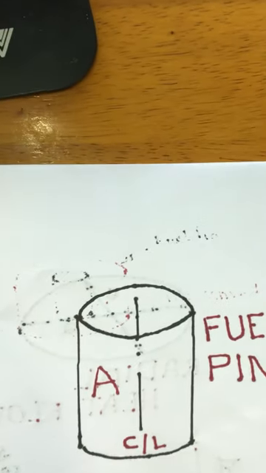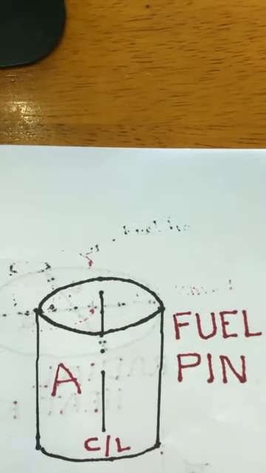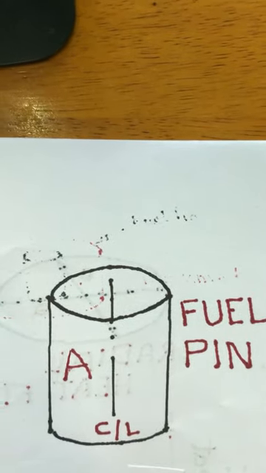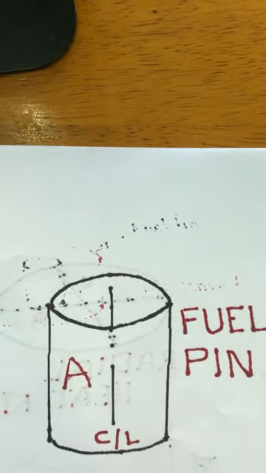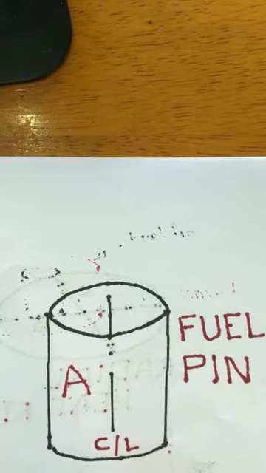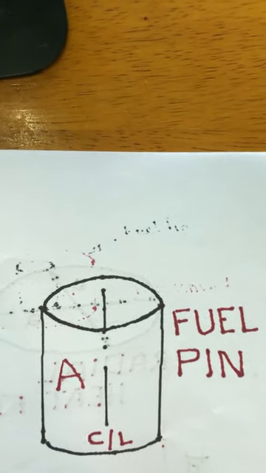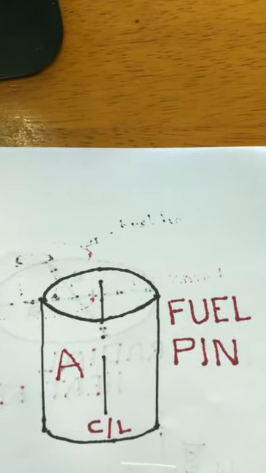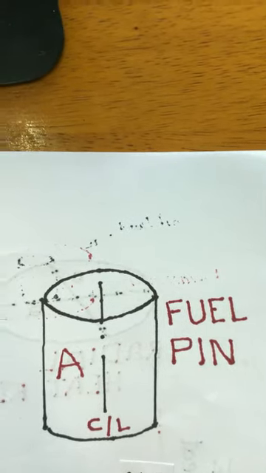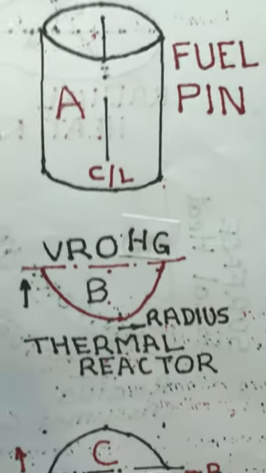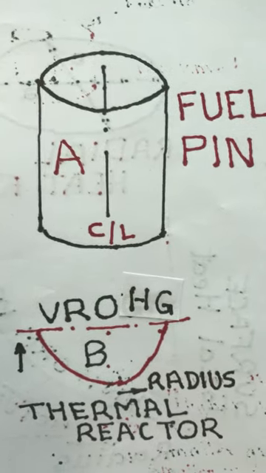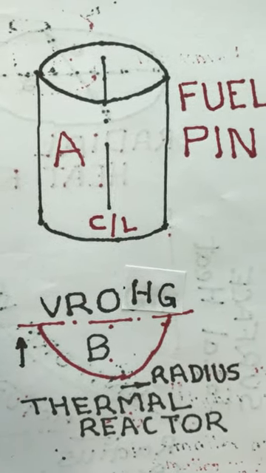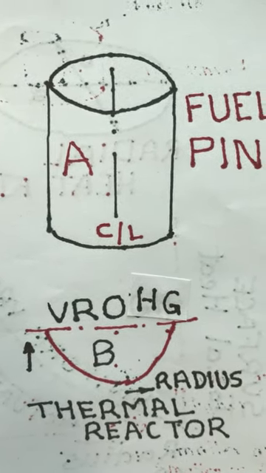If you look at figure A, it represents schematically a fuel pin of a nuclear water reactor. The fuel pin is cylindrical in shape and consists of uranium dioxide pellets. If you see figure B, it represents the volumetric rate of heat generation in a thermal reactor.